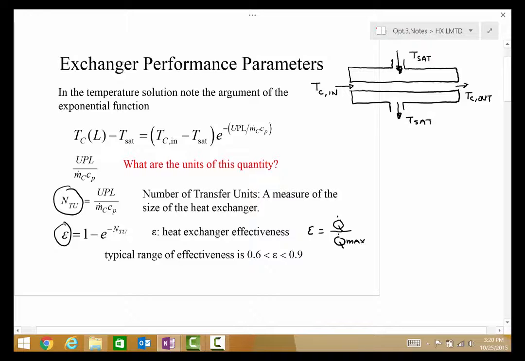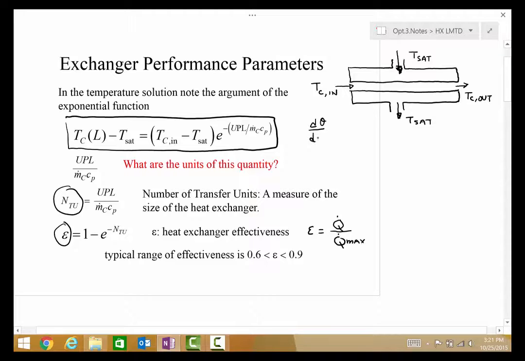From the simple differential equation that we derived, we came up with the fact that the temperature distribution has this exponential form. Recall that the differential equation basically said that in terms of an excess temperature, d theta dx is equal to minus UP over m dot c theta, where theta was equal to Tc minus Tsat.